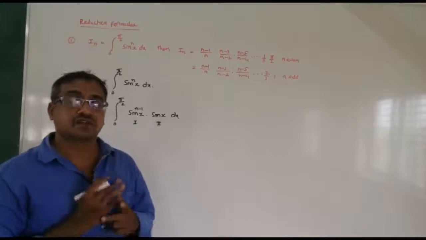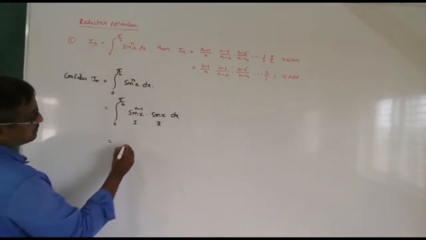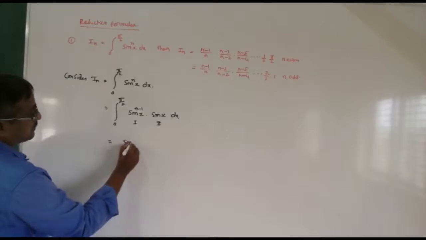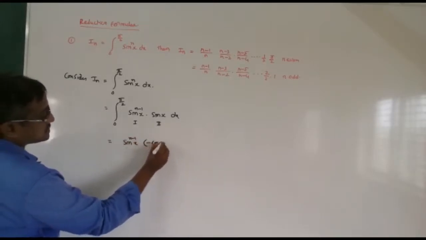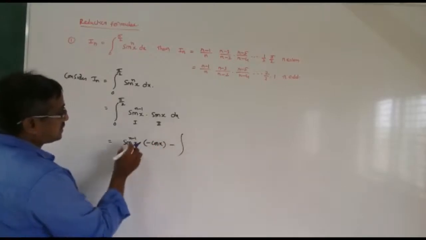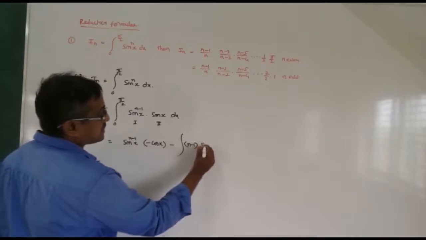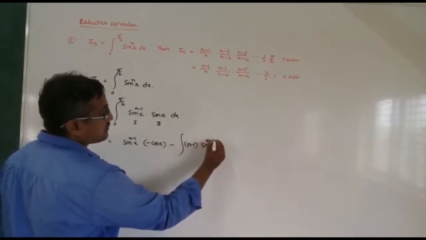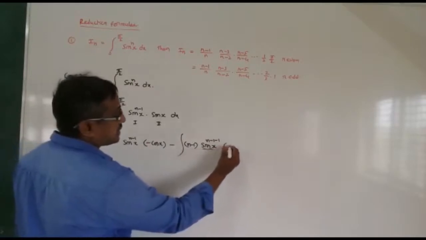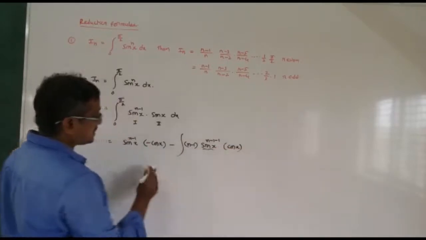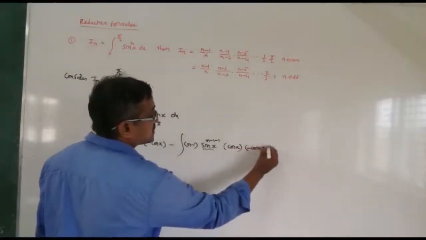1 x as first function. So by integration by parts, sin power n minus 1 x into minus cos x, minus integral derivative of sin power n minus 1 x is n minus 1 into sin power n minus 2 x into again derivative of sin x is cos x, and integral of sin x is minus cos x dx.